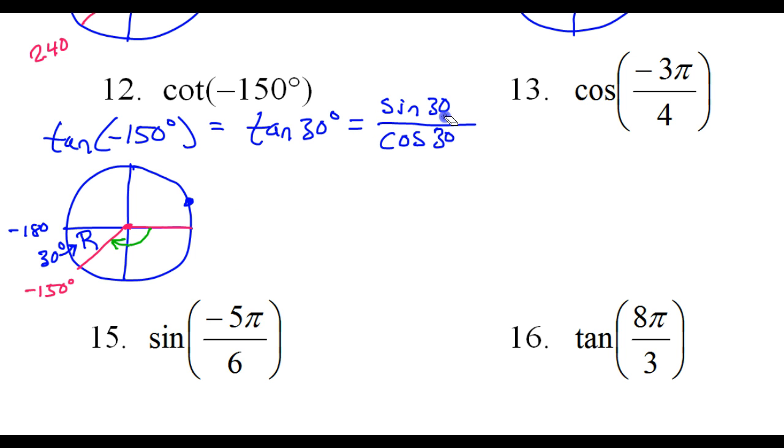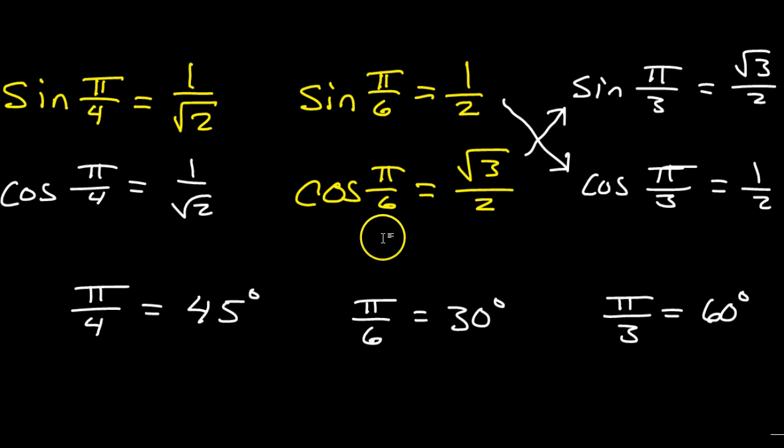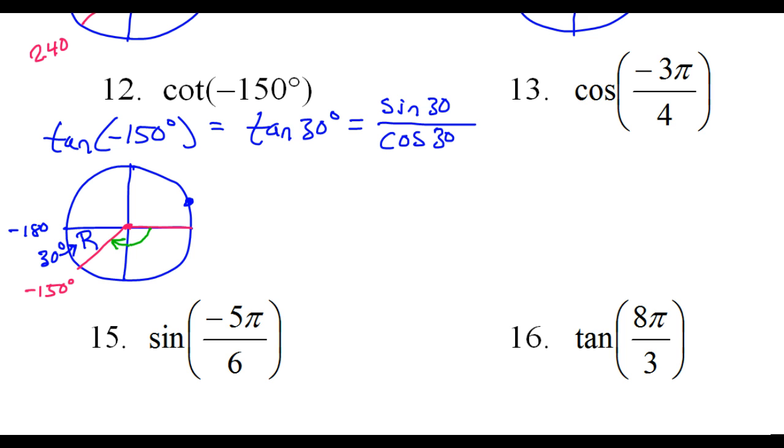Okay, now, these are two of the facts that we memorized. Alright, see they're right here in yellow. Sine of 30 degrees and cosine of 30 degrees. Pi over 6 is 30 degrees. So you better have memorized them like I told you to. Otherwise, shame on you and you deserve what you get.